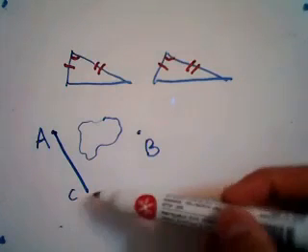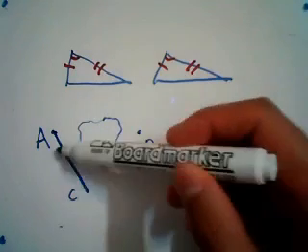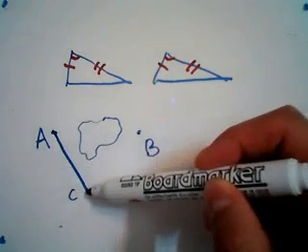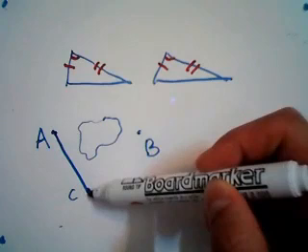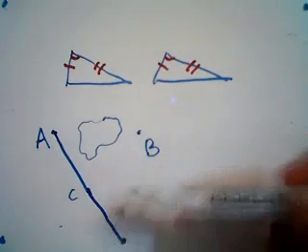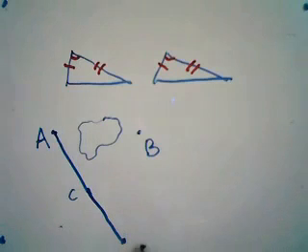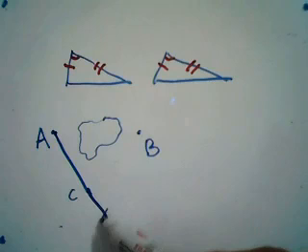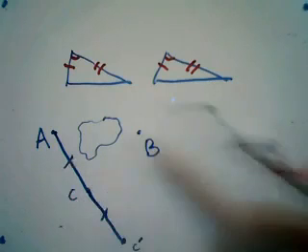Then from the point C, extend this line till some point. Let's call that C prime, for which this and this are equal.